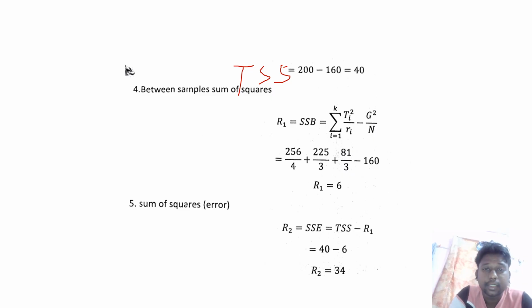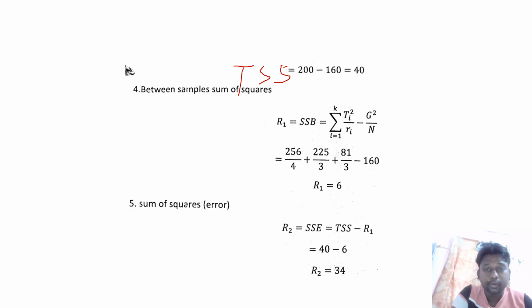Okay, between sample sum of squares. For a one-way test we get one sample sum of squares to calculate. For a two-way classification, we can get many values.